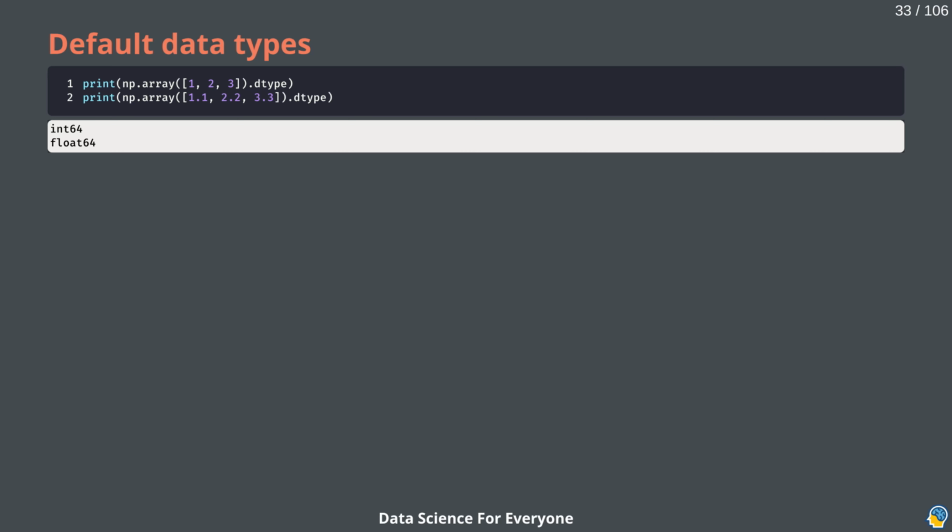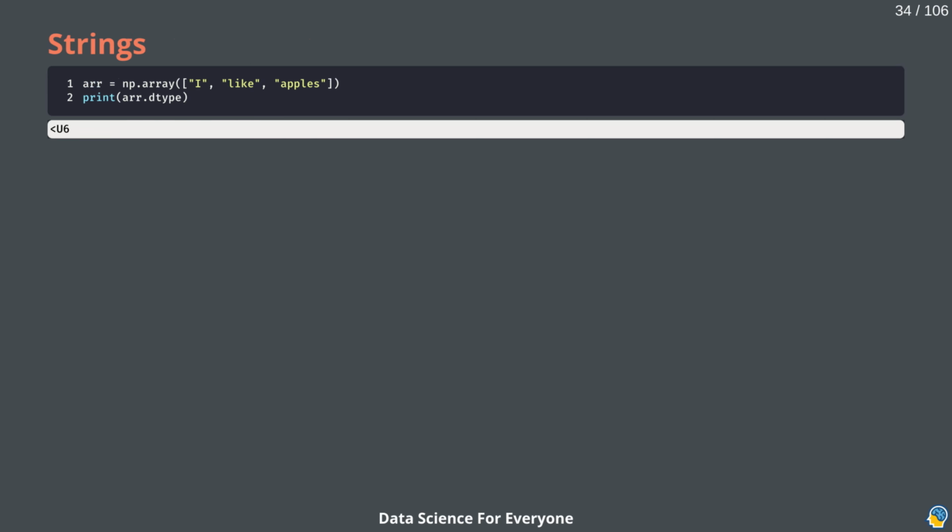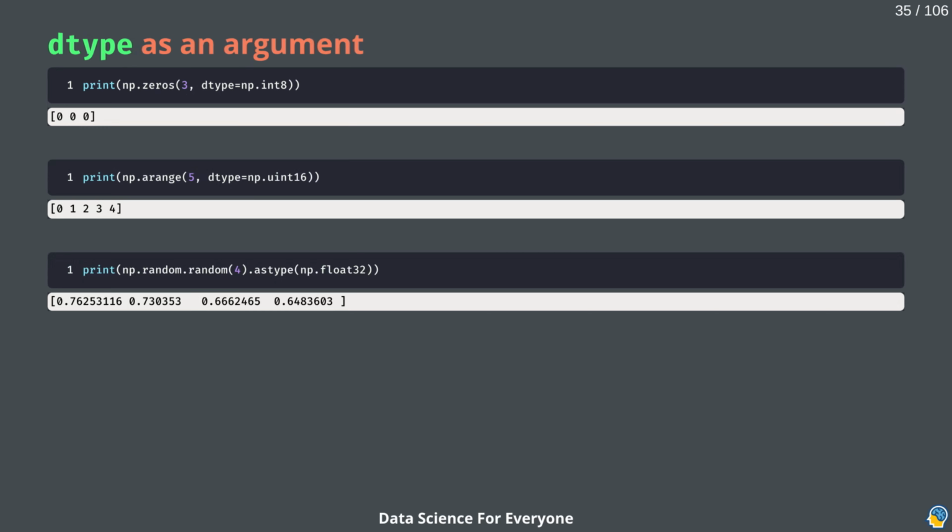If we use integers in our data, NumPy will usually go with 64-bit integers, and for decimals, it uses 64-bit floats. For strings, NumPy sets the type based on the longest string in the array. Here, the longest string is apples, and NumPy assigns the array U6, which is a Unicode string that can hold up to 6 characters.